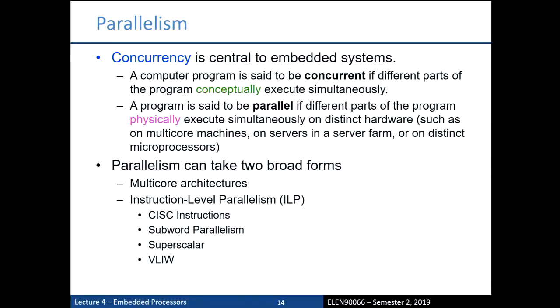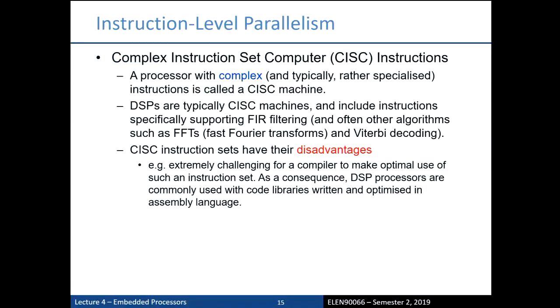And these are techniques that are used in programming to get around the concept of concurrency. All right, I'm going to talk about CISC briefly, and then I think we'll talk a bit more about subword and VLIW architectures maybe in the next lecture.